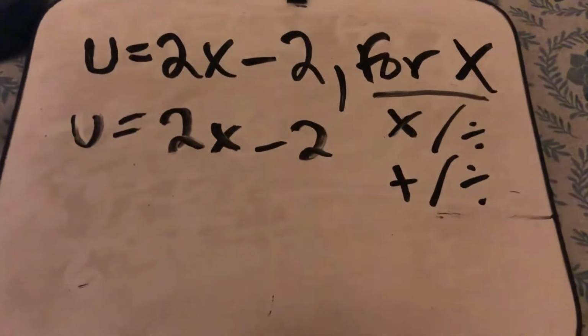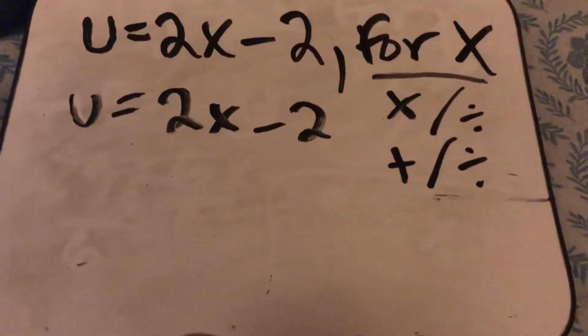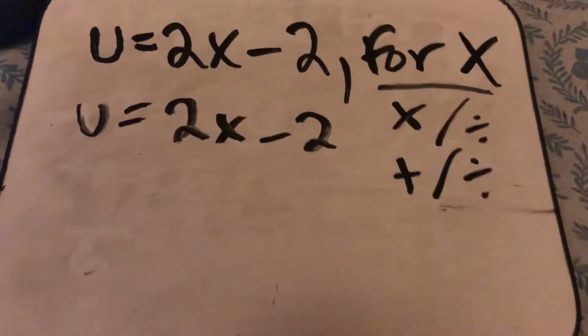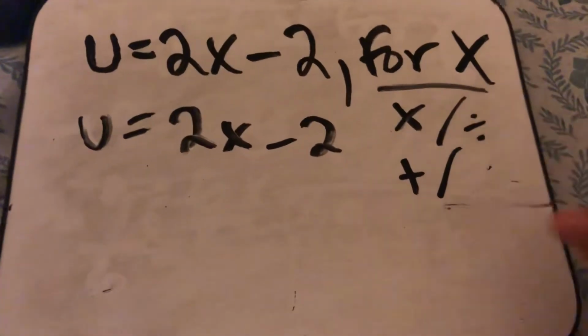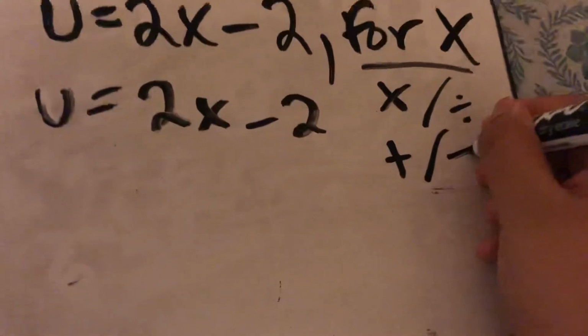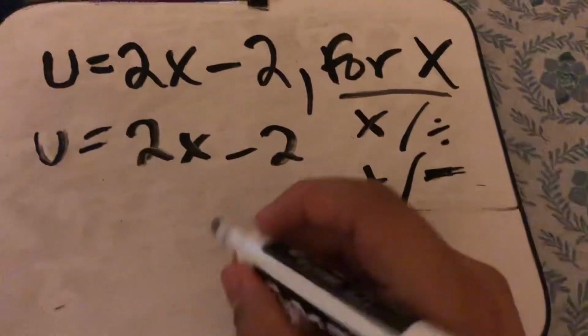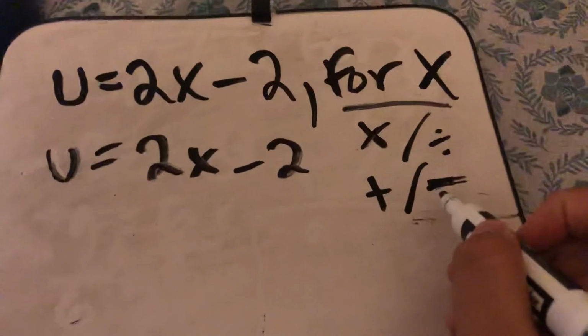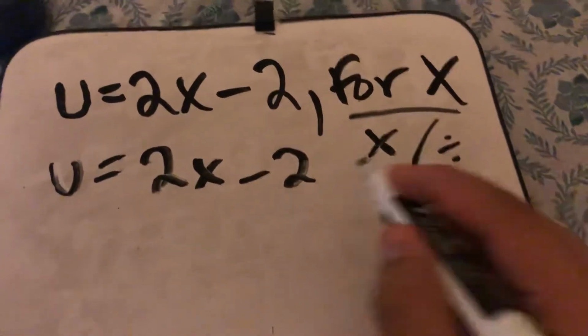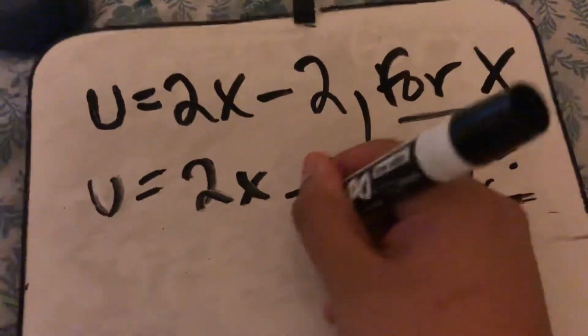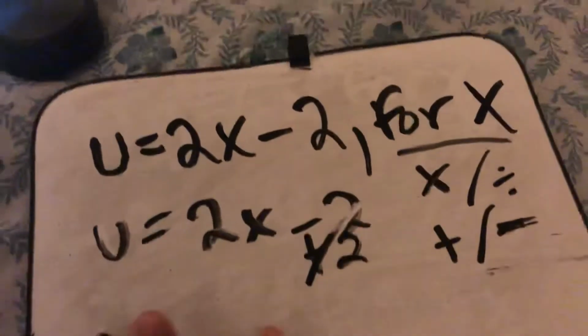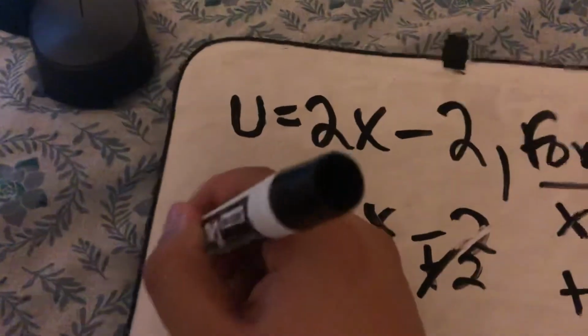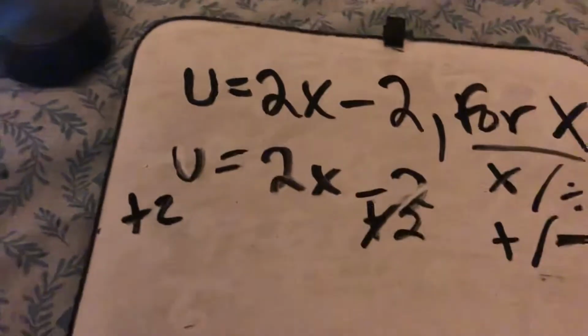And as I mentioned before, we move with opposites. So the opposite of minus, right, is plus, right? So we cancel this out. We got plus 2, cancel that out. Plus 2, all right?